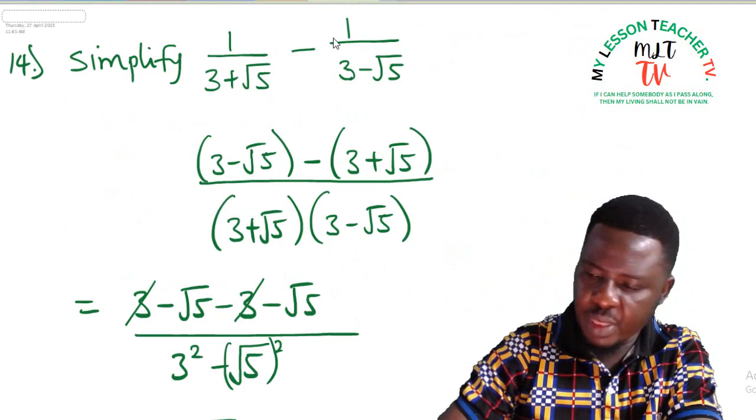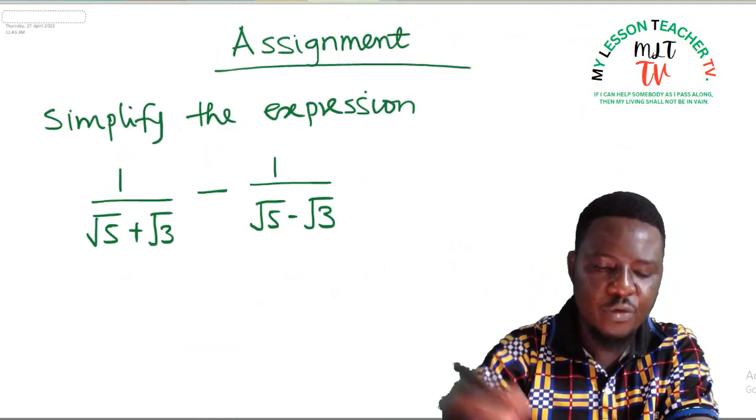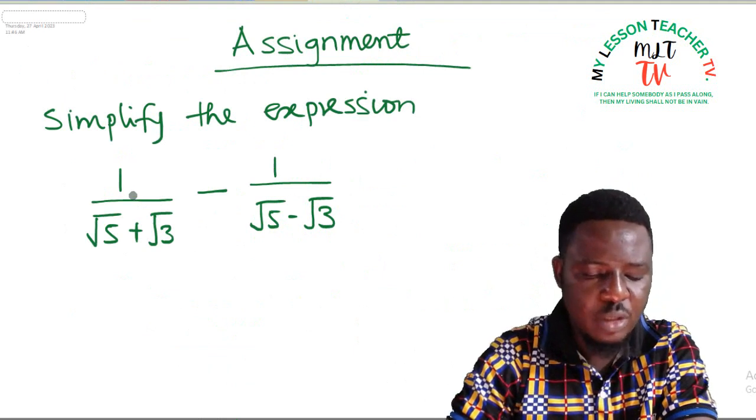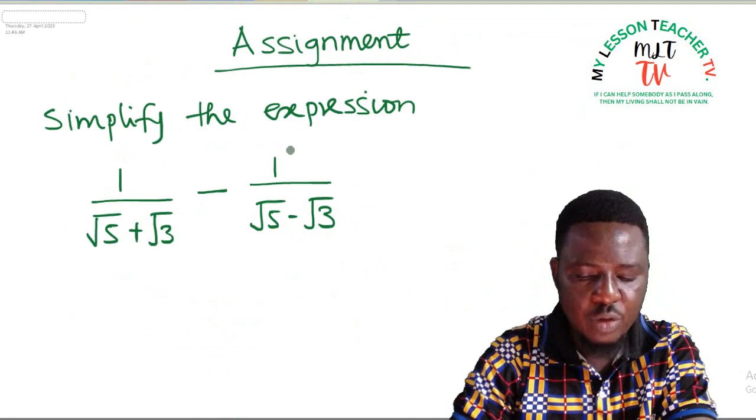But before we go, I have an assignment for you. Kindly simplify the expression 1 divided by root 5 plus root 3 minus 1 divided by root 5 minus root 3.